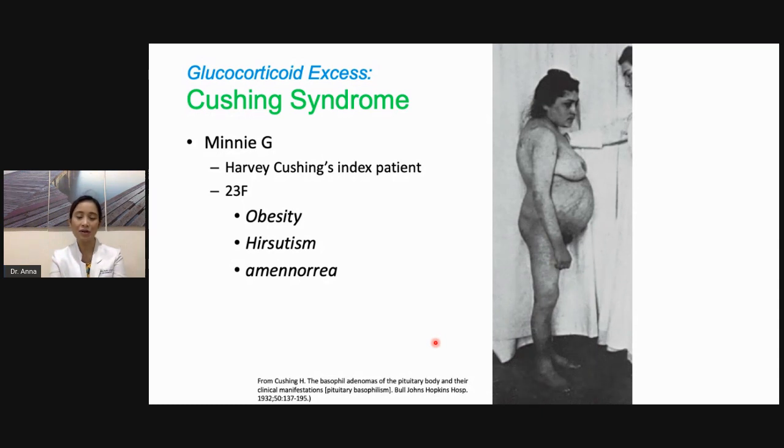This was one of the best documented Cushing syndrome patients. So this is Mini G, a 23-year-old female who presented at the Hopkins Hospital with obesity, hirsutism, and amenorrhea.